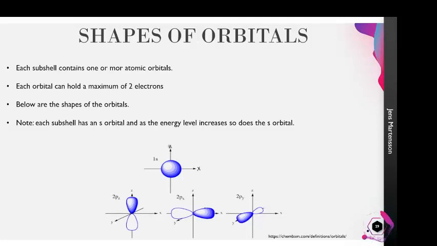We have 2pz, which goes like this, and that's because it's primarily on our z axis. We have 2px, and that's because it is on our x axis. And we have 2py, and that's because it's primarily on our y axis.